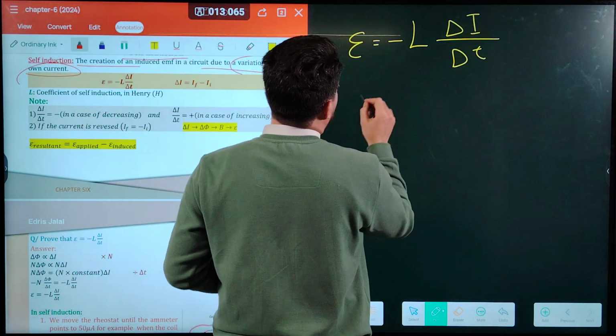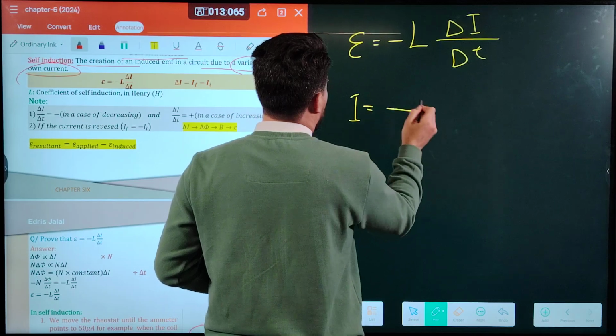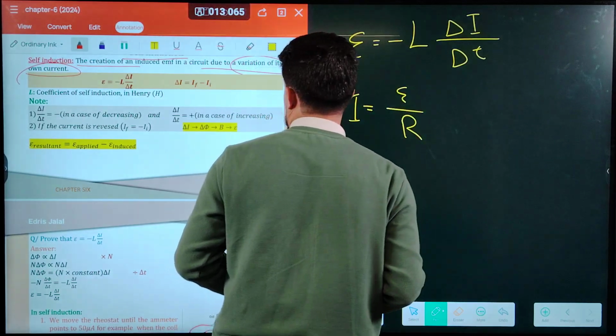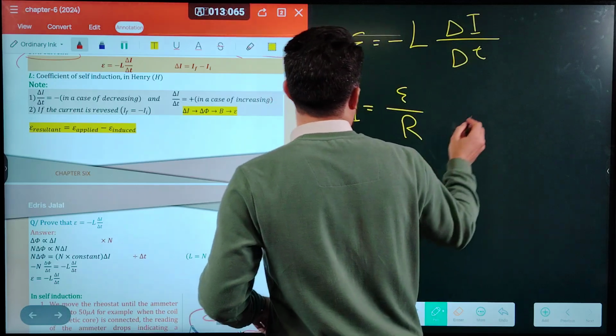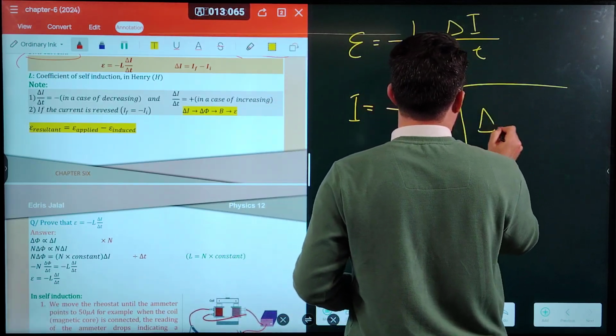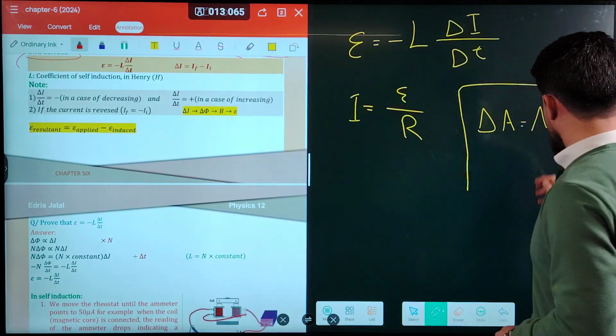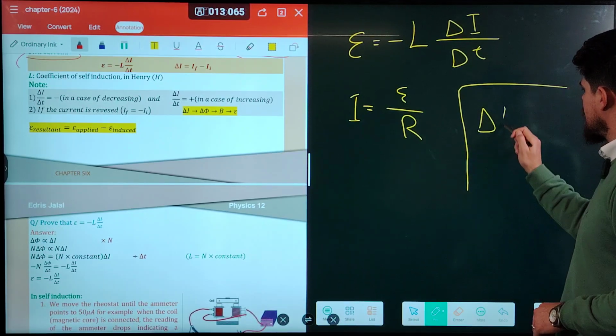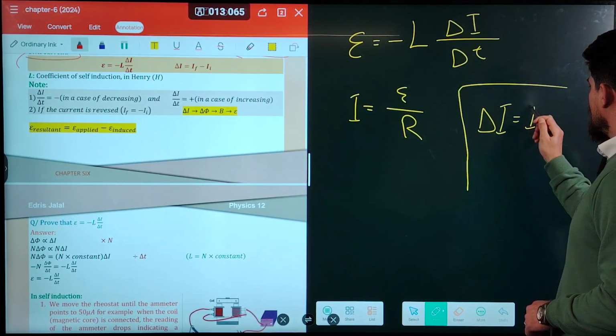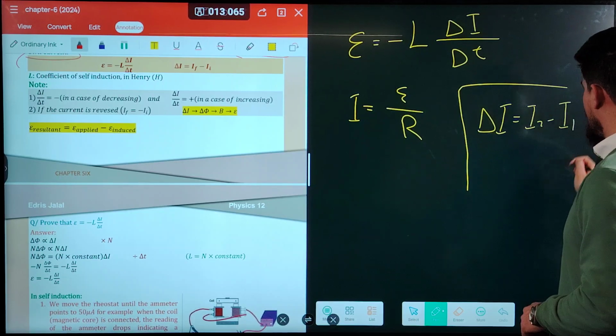And to determine the amount of the current, EMF divided by resistance. Delta I is equal to what? I2 minus I1.